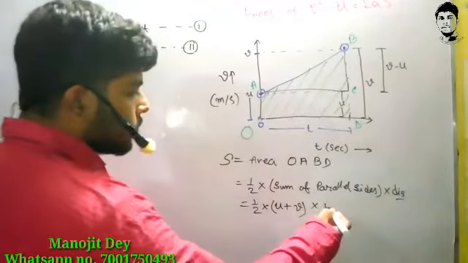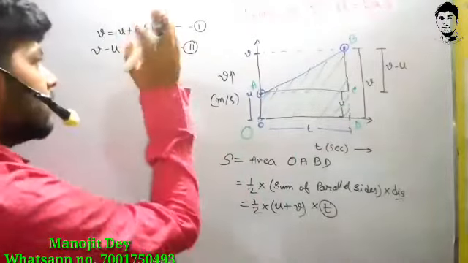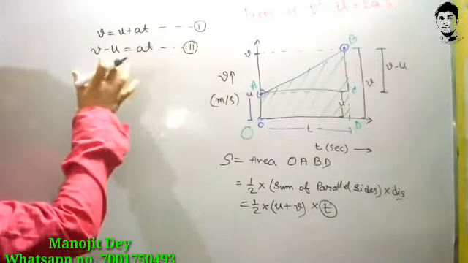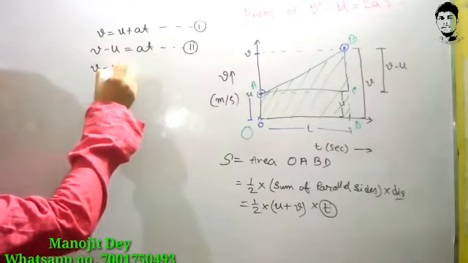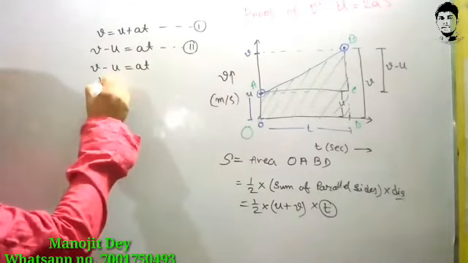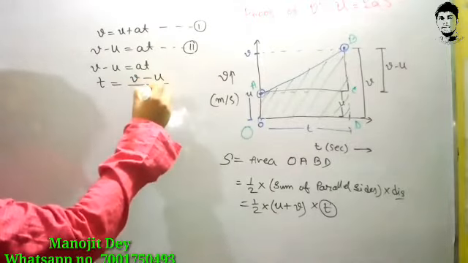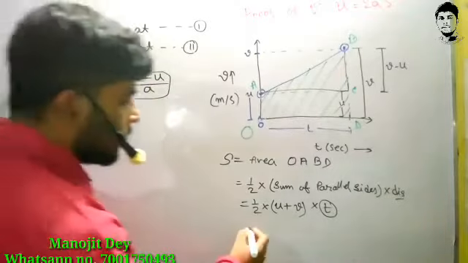Now to find this t, we have to use the previous equation, that is the first equation of motion. From that equation we can write that v minus u equals at, we know that. So from that we can derive t equals v minus u by a. So we can put this into the area equation.